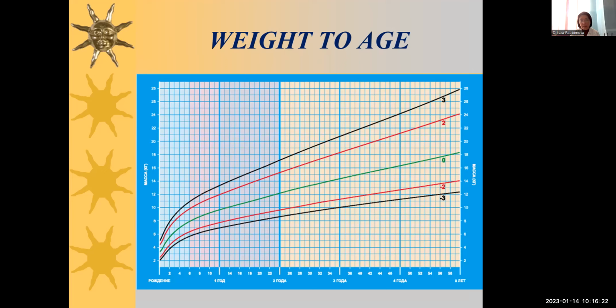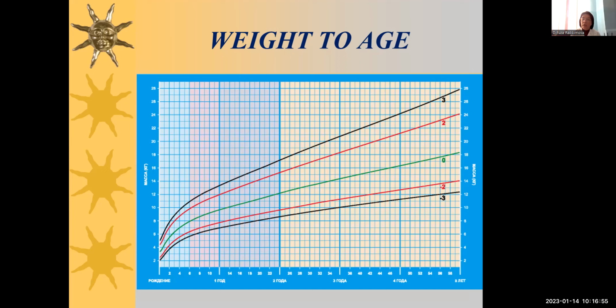For example, this table, weight, has five lines: green line, normal standard indicators, red lines and black lines. If our indicators are within the two red lines, this is a normal average indicator.